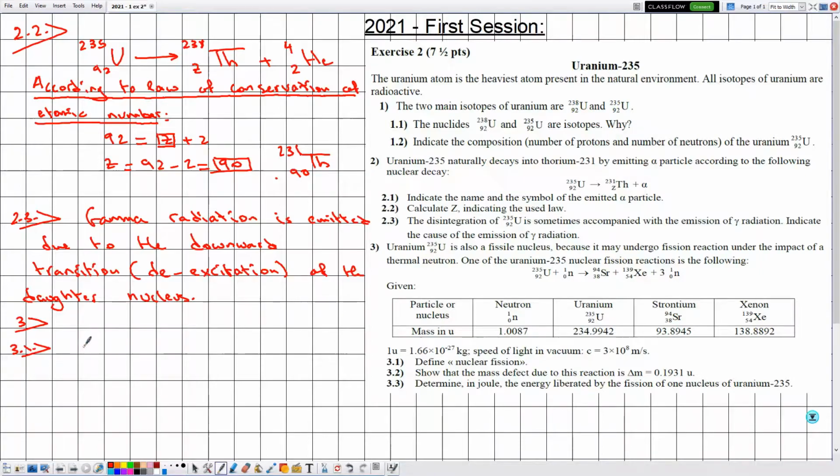Then, as I have mentioned, I say that this is the nuclear fission. This is the case. I have a nucleus.